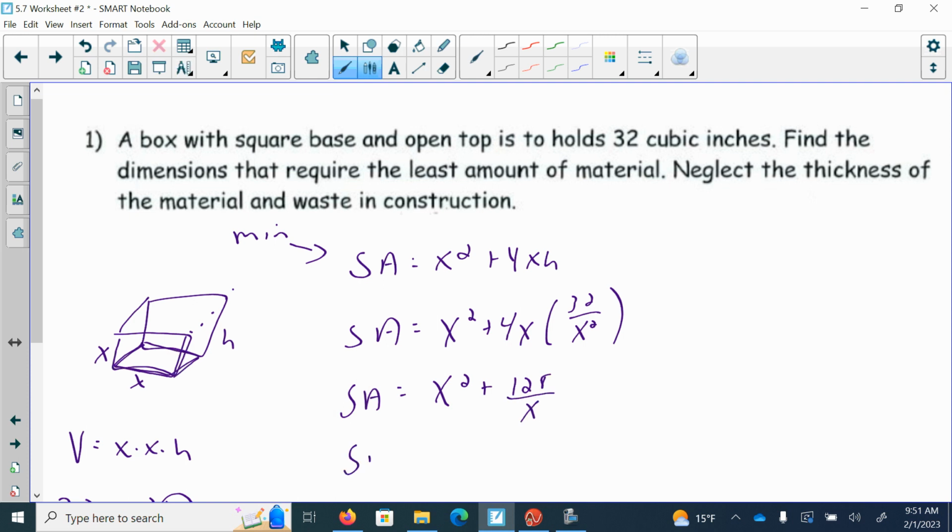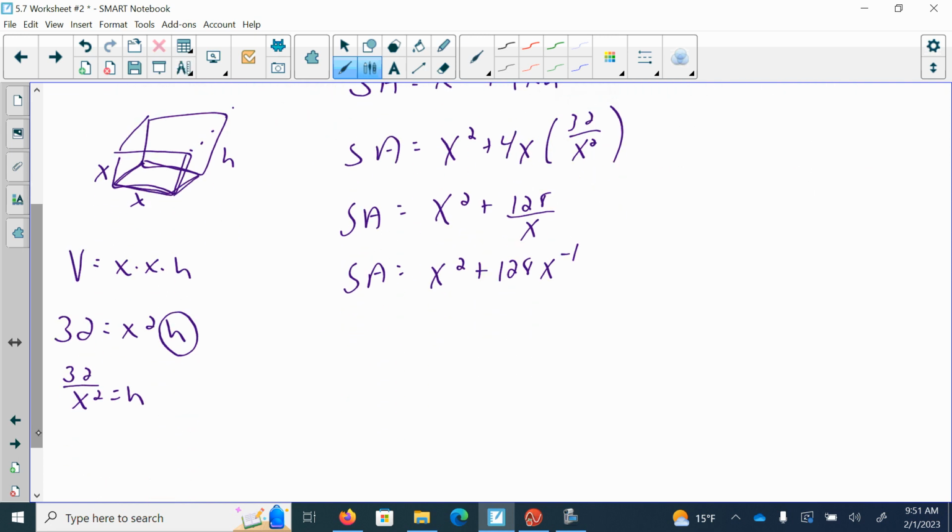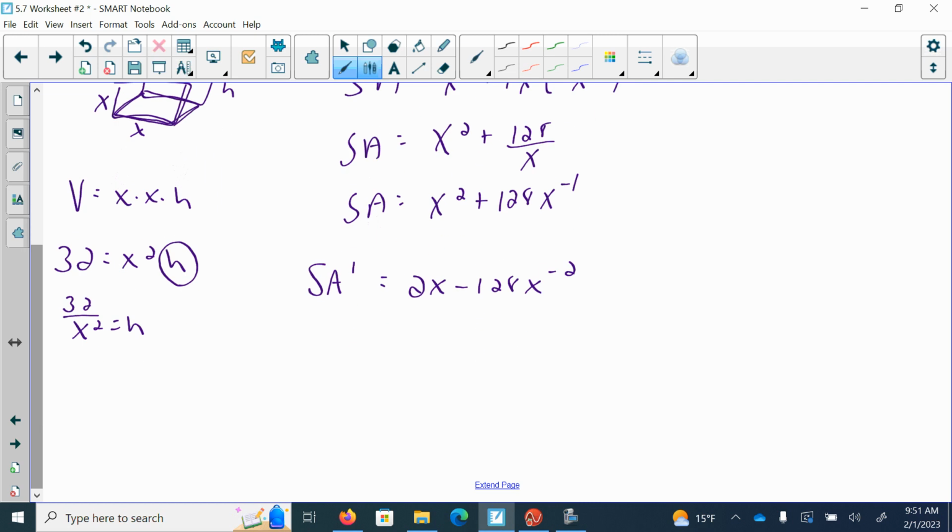Because I know I'm going to take the derivative, I'm going to rewrite that as 128 times x to the negative 1. So now I take the derivative of that, and that's going to be 2x minus 128x to the negative 2, which I could rewrite as 2x minus 128 over x squared.